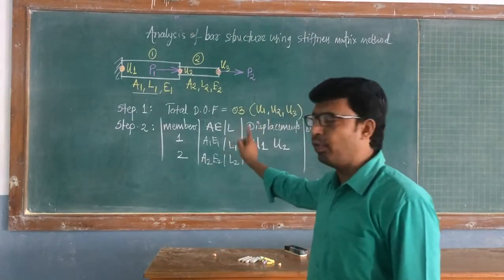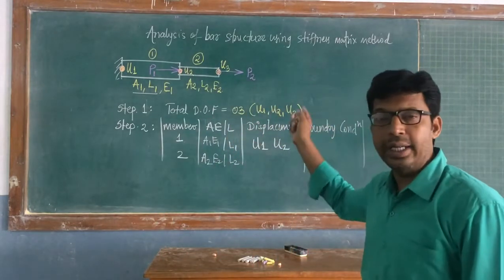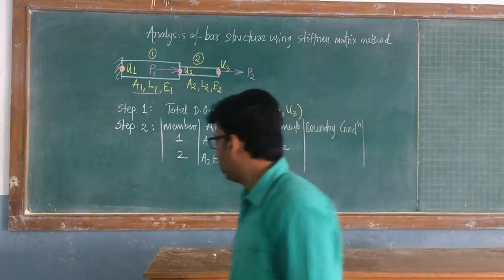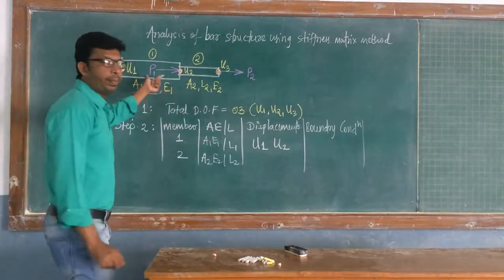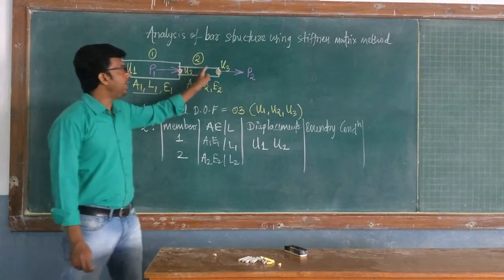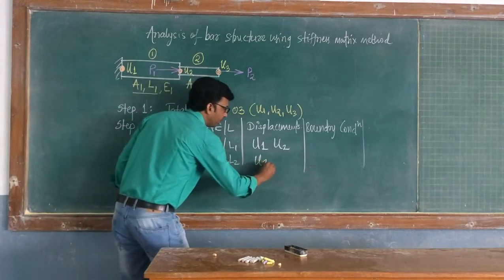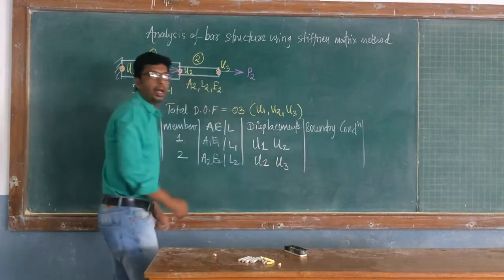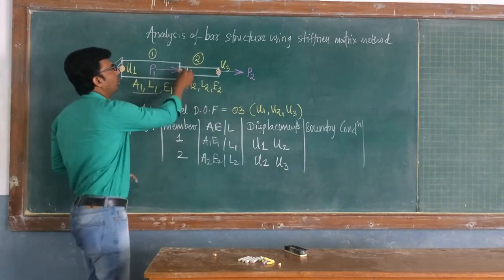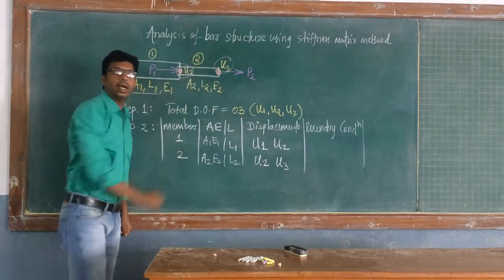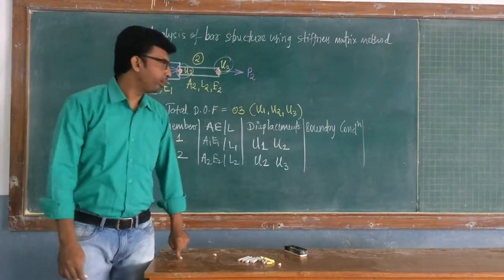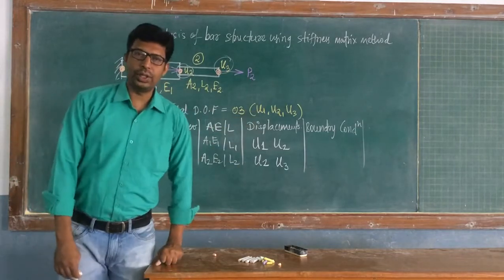That's why I always make a habit to write down left displacement first, U1, and then right displacement, U2. Okay. So first member represents U1, U2. Similarly, second member represents U2, U3. Left end is U2 and right end is U3.